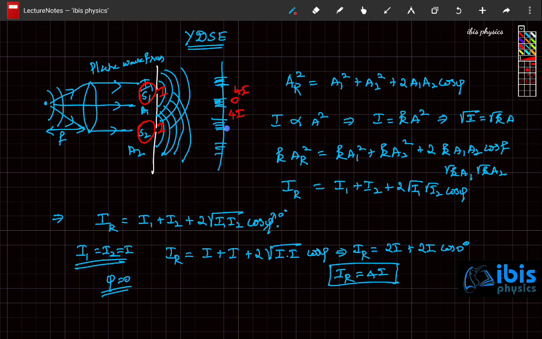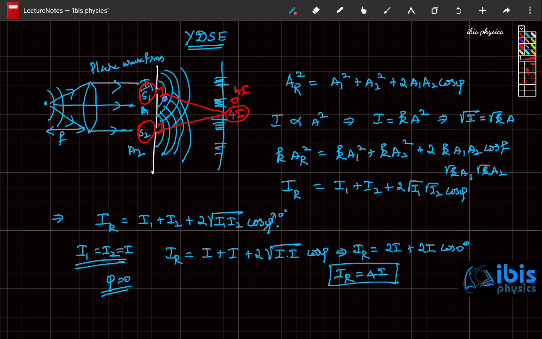Suppose interference does not happen: light from one source has intensity I, light from the other source also has intensity I, and when they fall on each other the intensity will become only 2I. But now the intensity is 4I. That's proof that they interfered, and as a result of interference, intensity becomes 4 times.